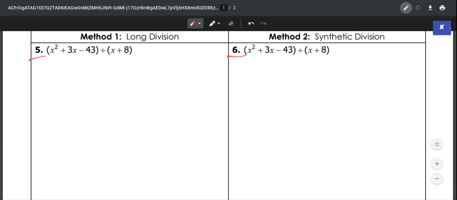So first of all, let's look at number 5, which is long division. If we want to divide x squared plus 3x minus 48 by x plus 8, we are going to first look at doing this by long division.